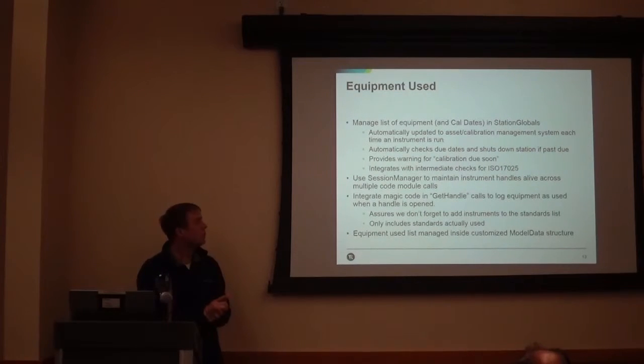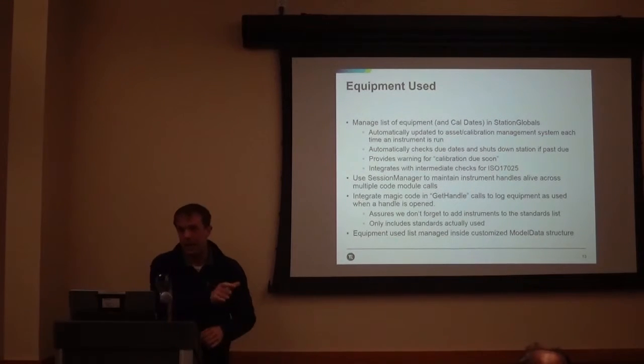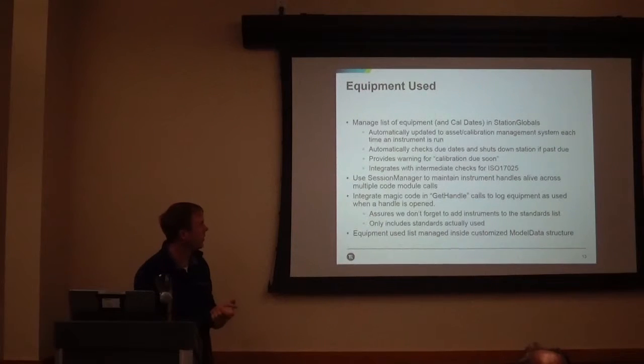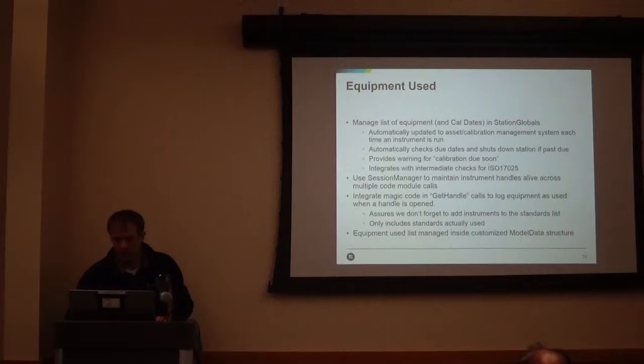So that removes a lot of onus from the test engineers of having to know exactly what instruments are being used, except for the ones like little adapters and cables that you don't actually communicate with, that you have to manually say, yeah, I added adapter 3, so put that on the equipment use list as well.